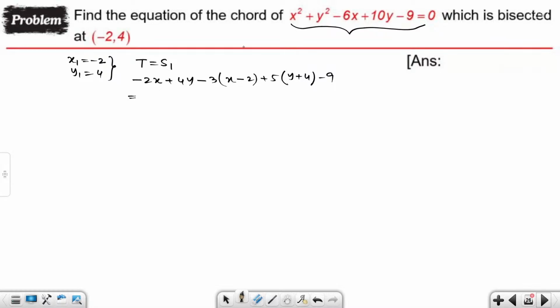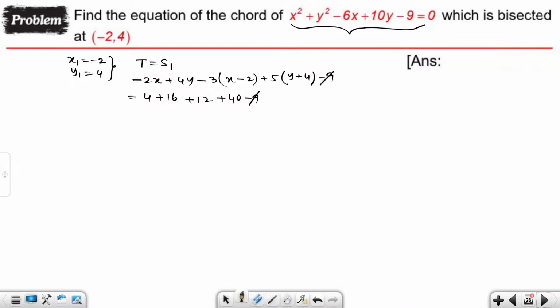S1 means just put -2 and 4 in the given expression of that circle. So what are you getting? 4, 16, 12, 40 minus 9. That's it. So this is the equation of the chord which is bisected at the point minus 2 comma 4.